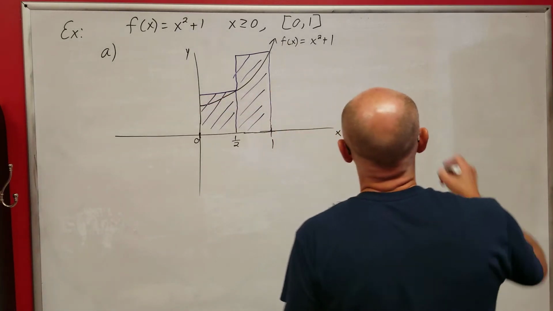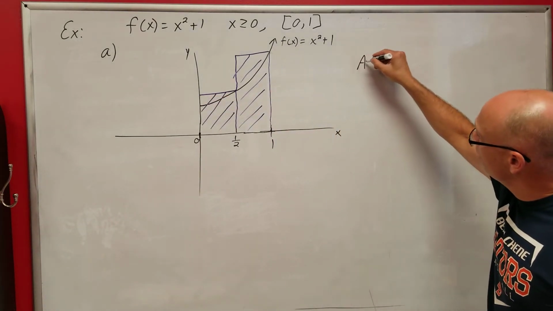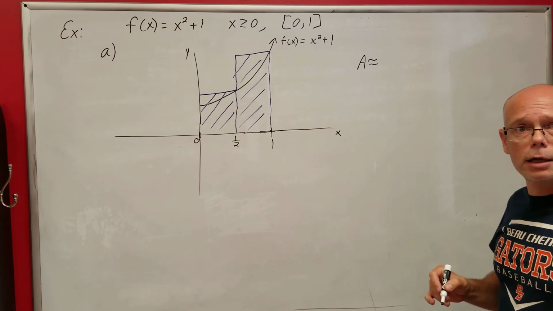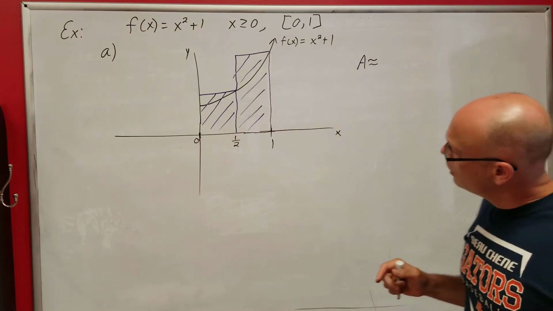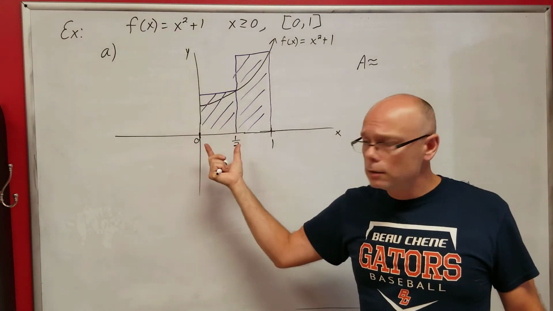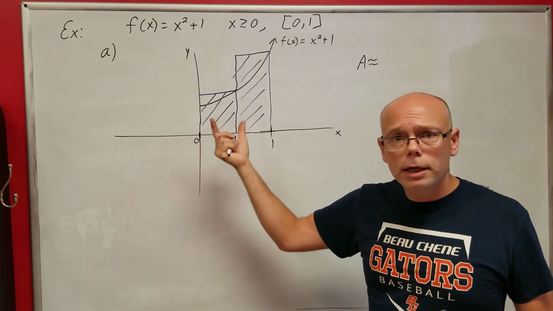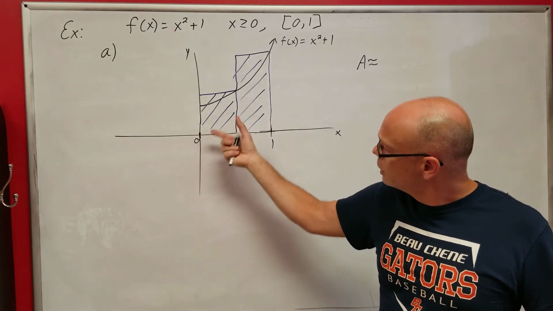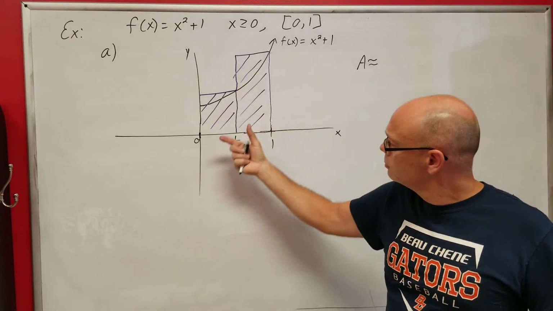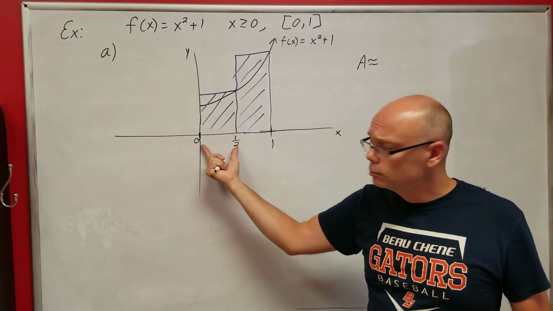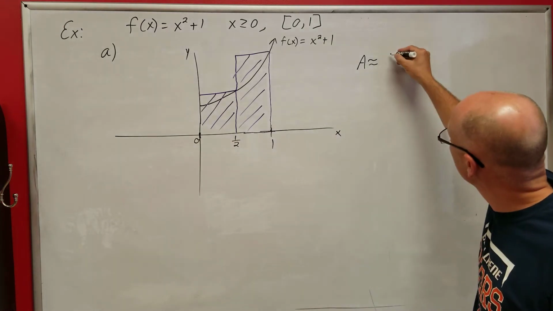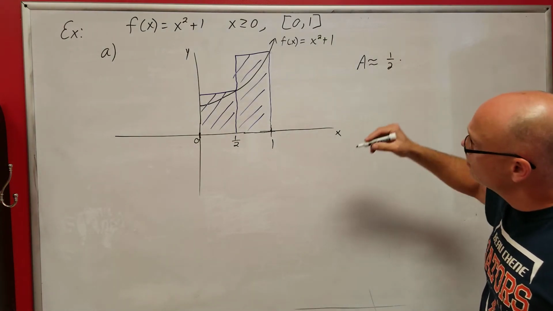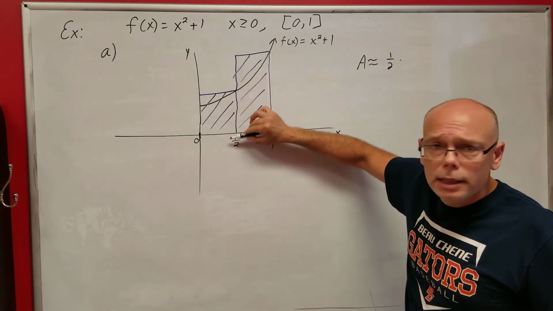All right, so I'm going to say area is going to be approximately, how do I calculate the area of each rectangle? Width times length, right? So what's the width here? From 0 to 1/2. 1/2 times, what's the length right here?